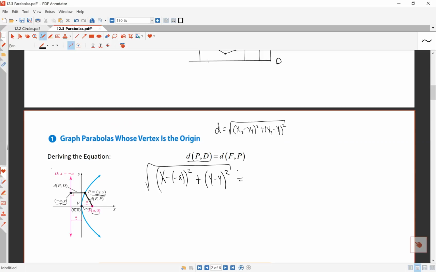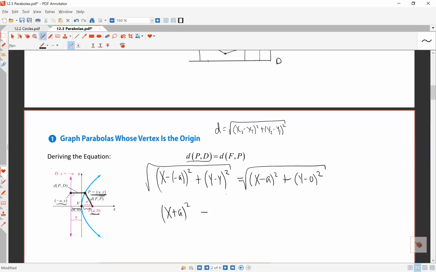And now the distance from the focus to the point is x minus a squared plus y minus 0 squared, square root of that. Now if we square both sides, those square roots go, and we have x plus a squared plus y minus y is 0 squared is 0, so that's gone.